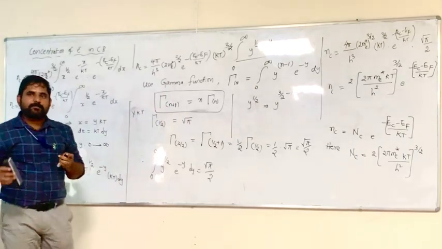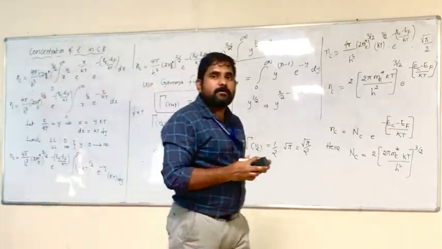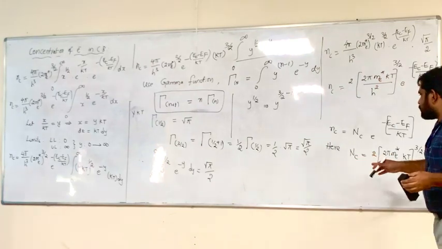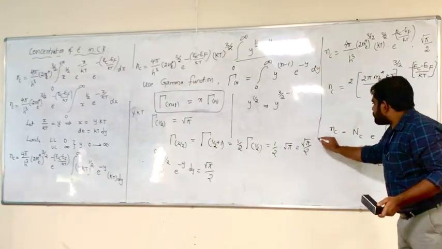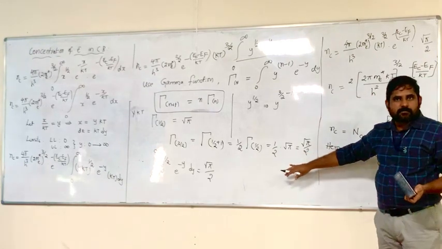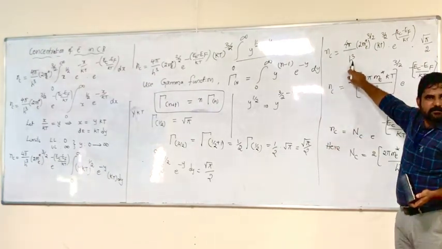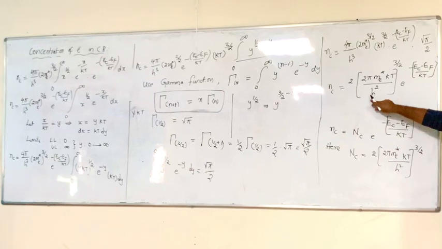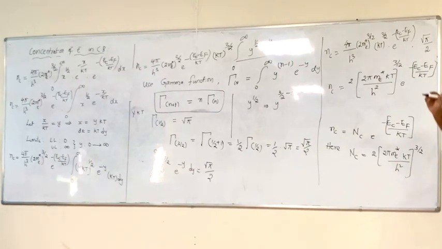Sir, where is root pi by 2 in the equation above? Here you have root pi by 2, right? First focus on root pi: root pi means pi to the power 1 by 2, agreed?